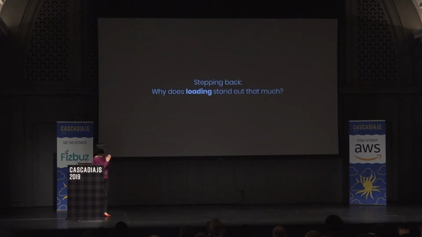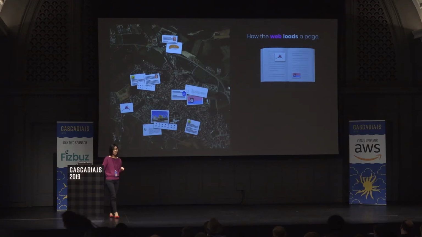So let's step back and talk about what the loading problem is. Why does loading stand out that much? I know there are so many techniques that try to hide the loading overhead. But for now, let me focus on the very basic fundamental things, how the web works. As you know, every resource on the web is represented as an address, or URL.